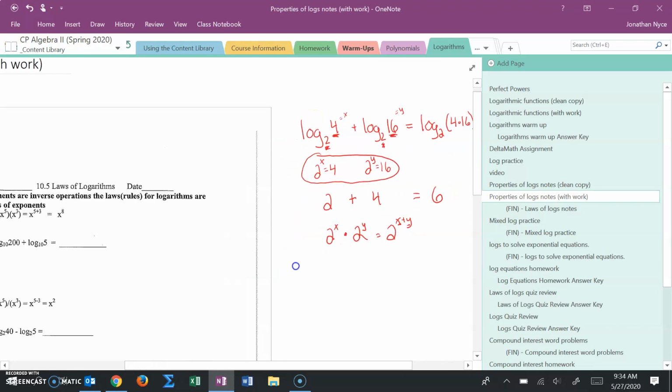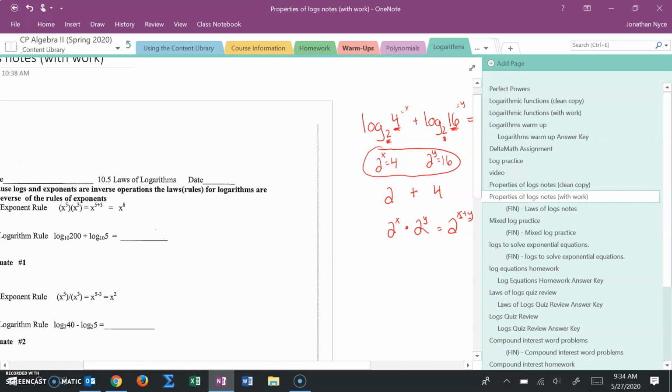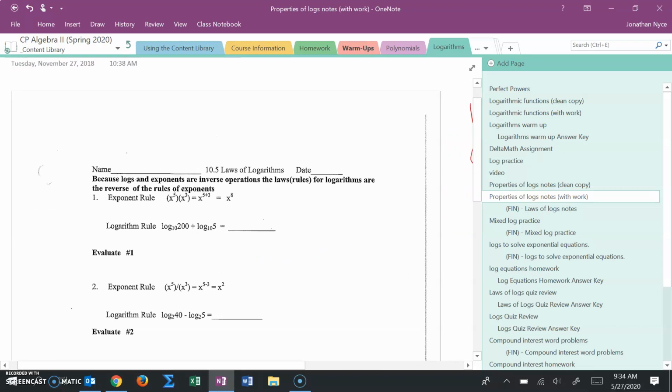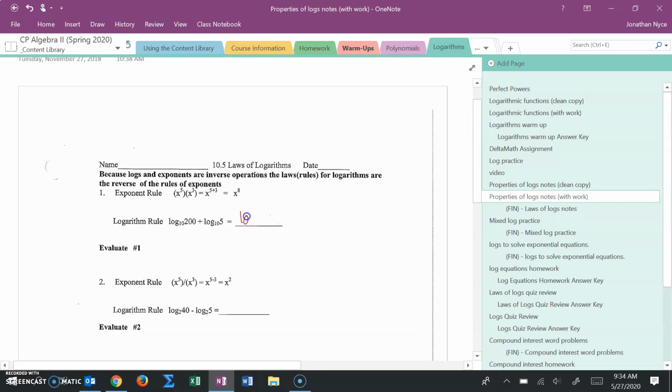One of the properties of logs is that if you're adding two logarithms, you can rewrite them as the product of one log. So for this example, log base 10 of 200 plus log base 10 of 5, that gives us log base 10 of 200 times 5, which is 1,000. And if we want to evaluate that, that says 10 to what power is 1,000.